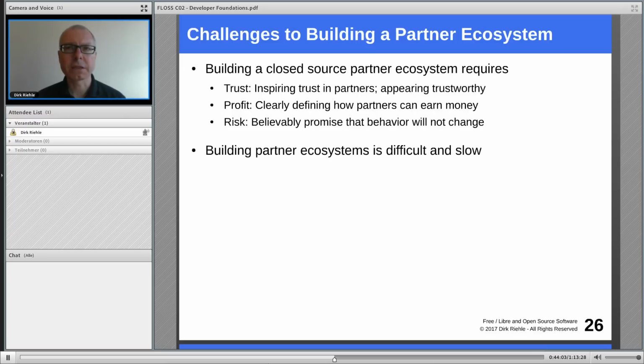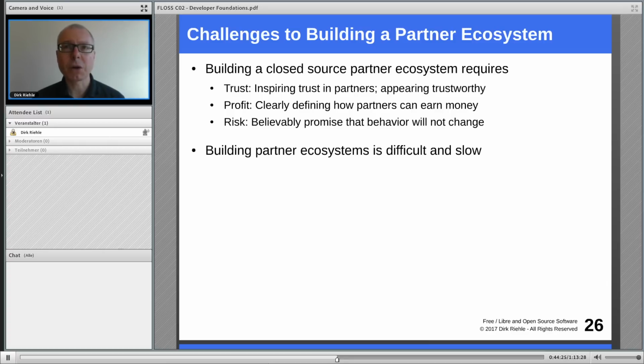And finally, since things change, there needs to be a way to look at the future risk or at the risk of the vendor turning on its partners if, say, the times are getting tough. And so there needs to be a believable promise by the vendor that it will not screw its partners over time.